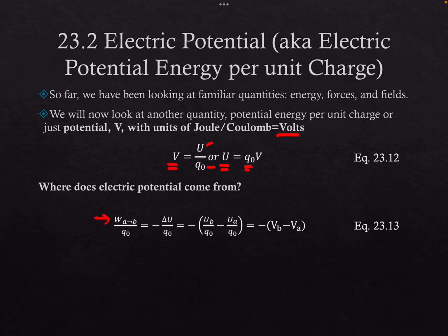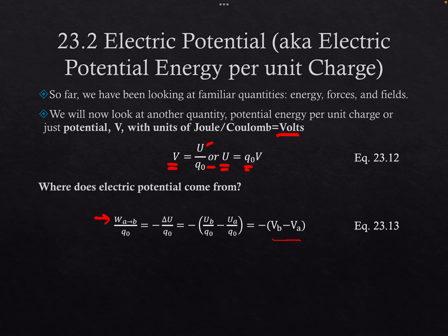And if we divide the delta U by Q naught, what we're left with is that change in potential. So change in potential is directly related to change in potential energy. It's just another way to think of potential energy, but it's scaled by charge.